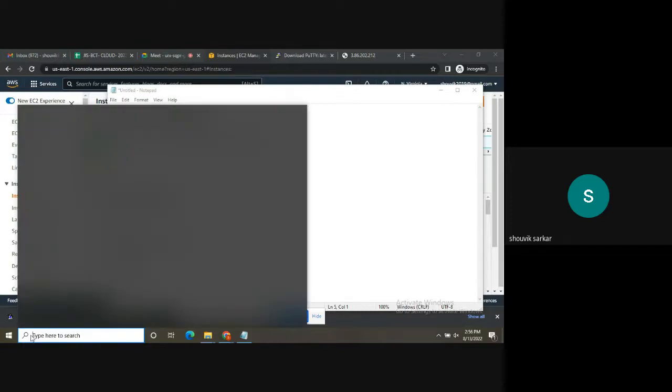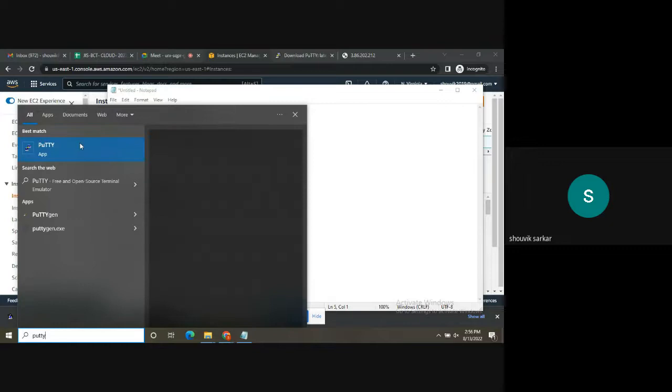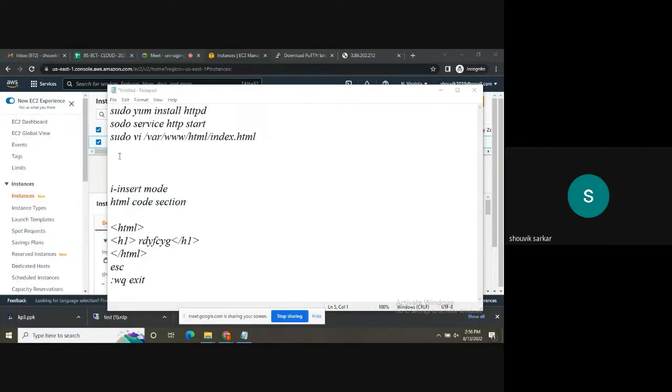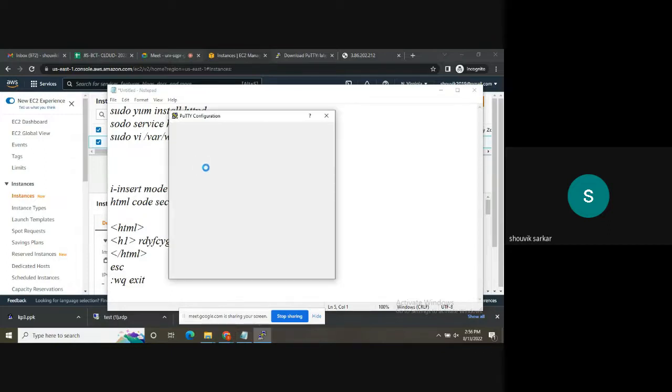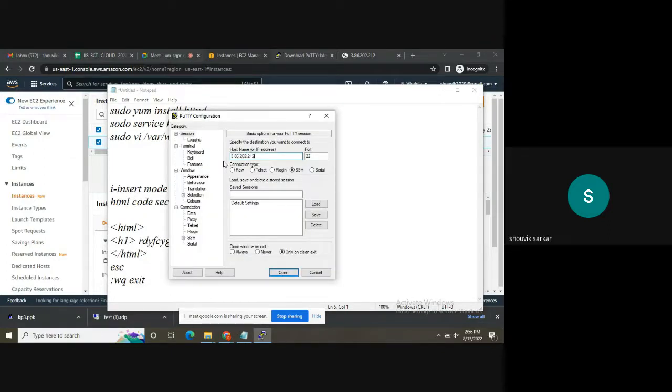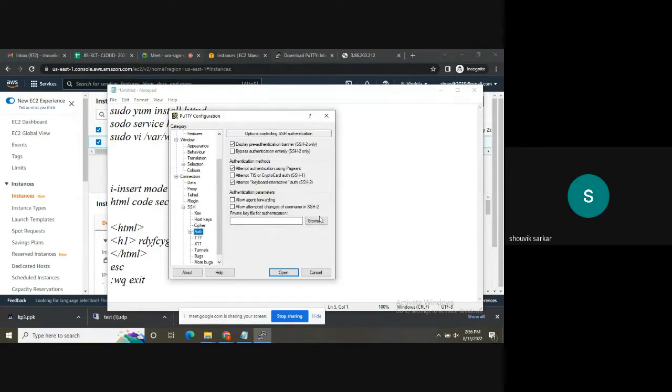So we again open PuTTY. We are pasting the IP address here and authenticating it.